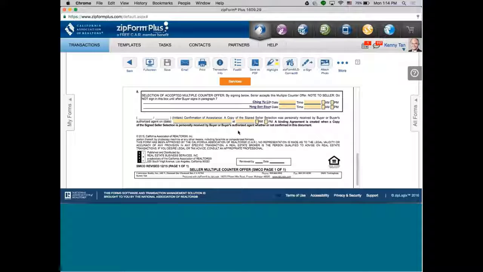I don't think the CAR's attorneys, when they wrote this, were talking about the initials at the lower right-hand corner of each page, because if they were, many agents miss those initials. I think they're talking more about things like the arbitration clause or liquidated damages. For those, if both sides don't sign, then the provision doesn't apply. You need both parties to sign.